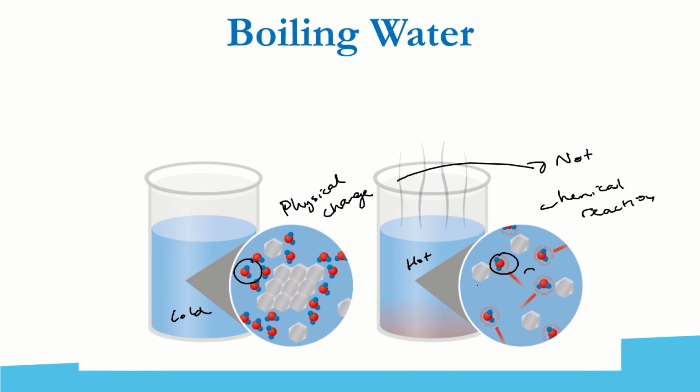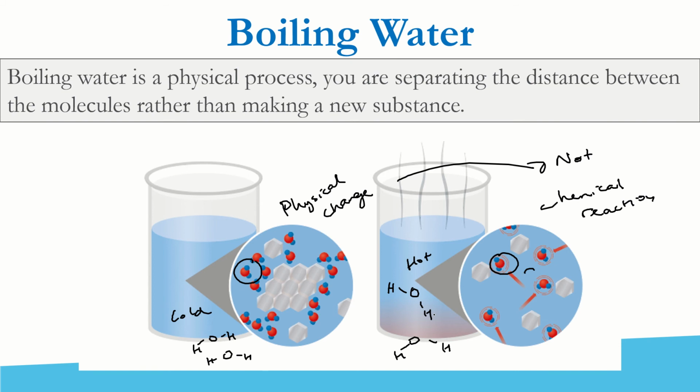So the hydrogen and oxygen haven't rearranged themselves. They've just gone from perhaps in cold water where they're really closely placed next to each other to when it's really hot, they're just further separated from each other like so. So they're wider away. So that's what we mean by a physical change, when you are increasing or decreasing the distance between the molecules without generating a new chemical itself.